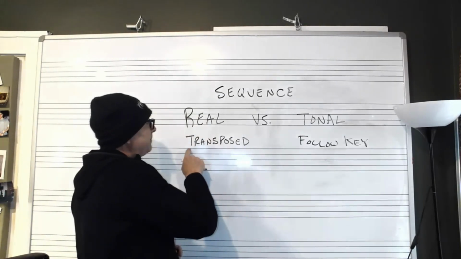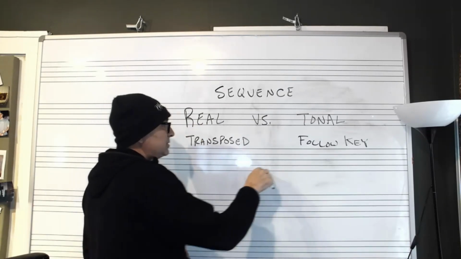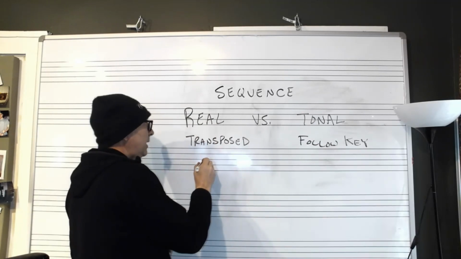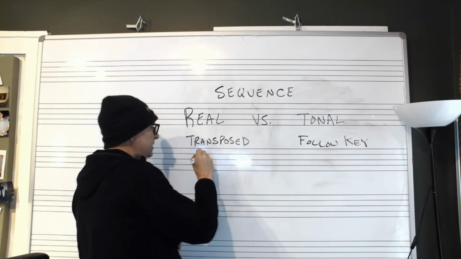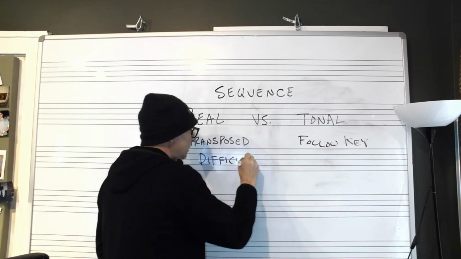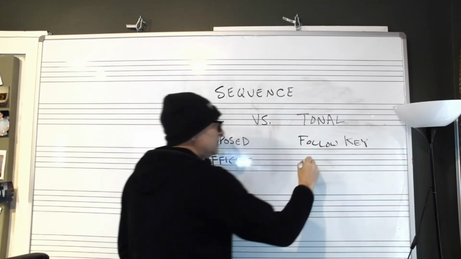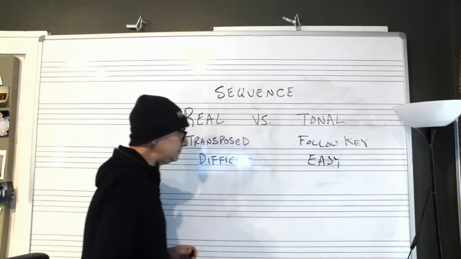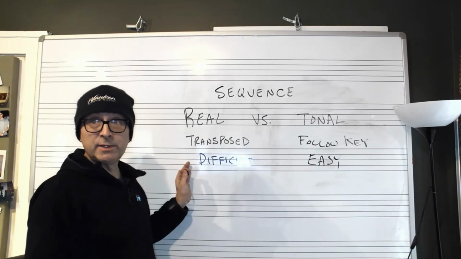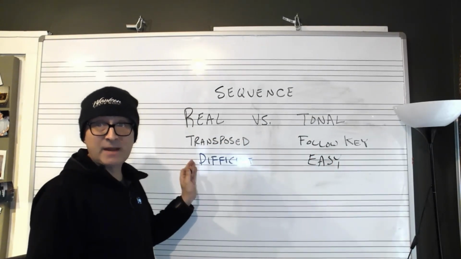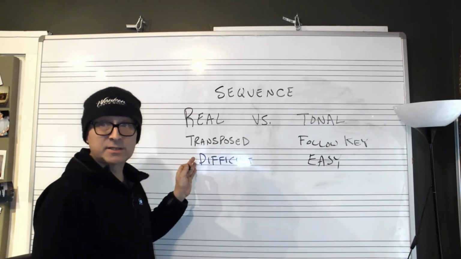Okay, real: transposed. Tonal: follow the key. Real sequences are difficult. Tonal sequences are easy. A real sequence, only a great composer can really accomplish this effectively, especially with a large ensemble composition.